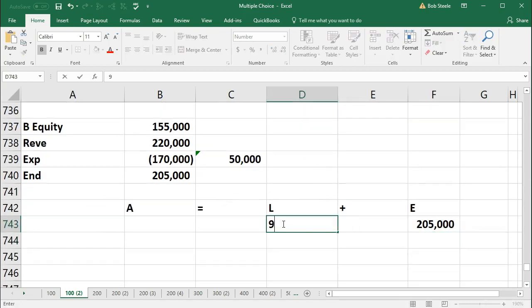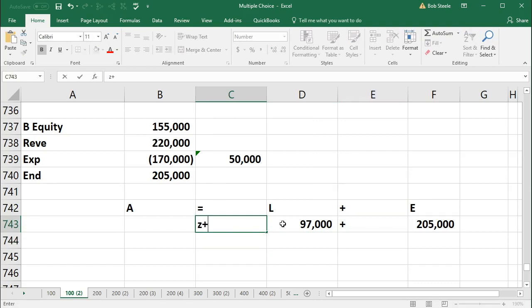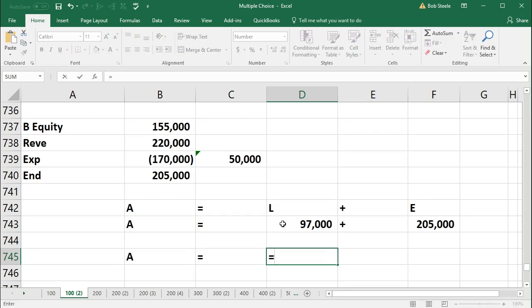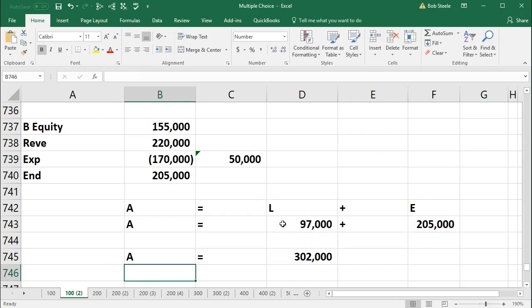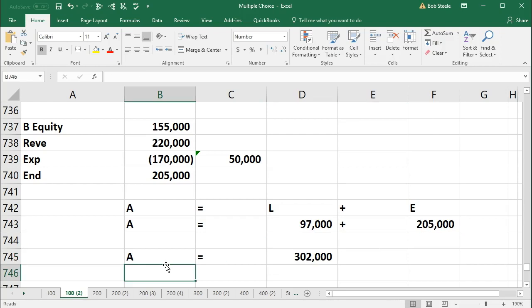So we'll put the plus there and the equals there, and that equals A. The math from this point is nice and simple. A is equal to the 97,000 plus the 205,000, or 302,000. So 97 plus 205 is 302, the ending answer being the total assets.